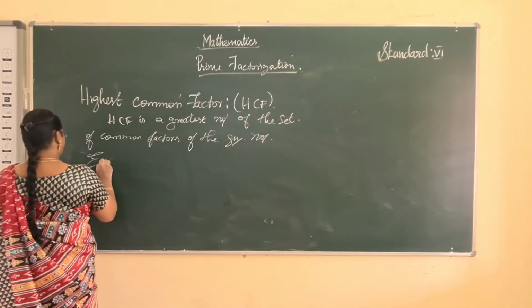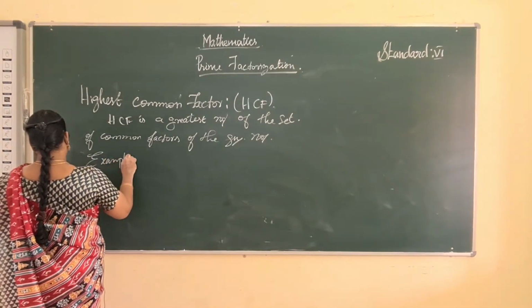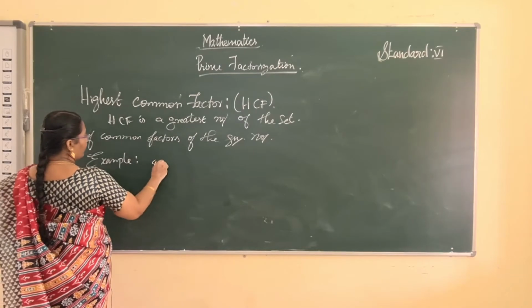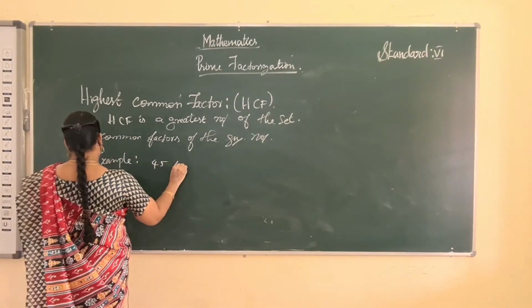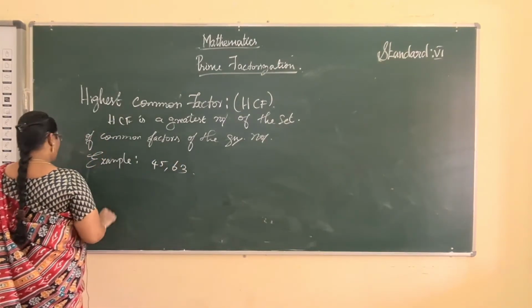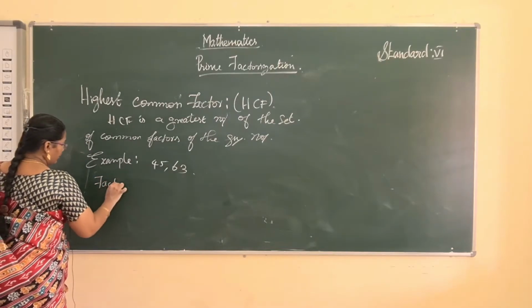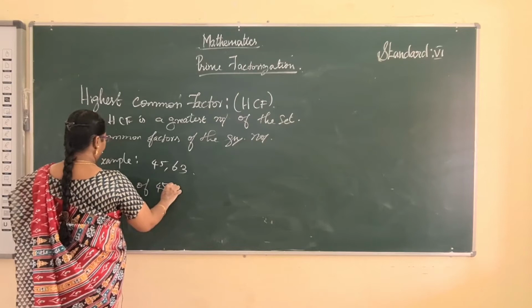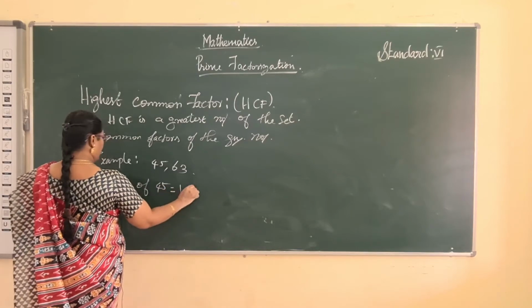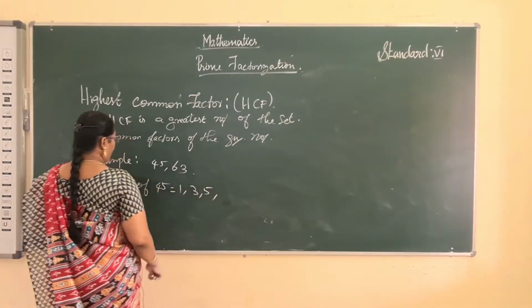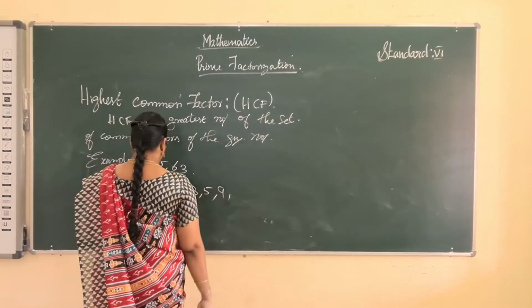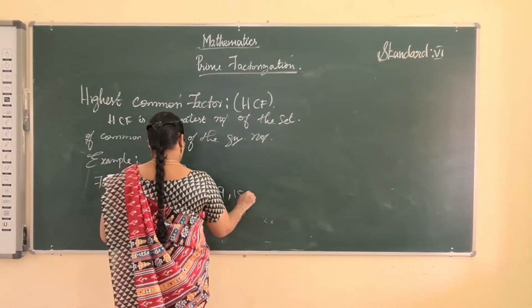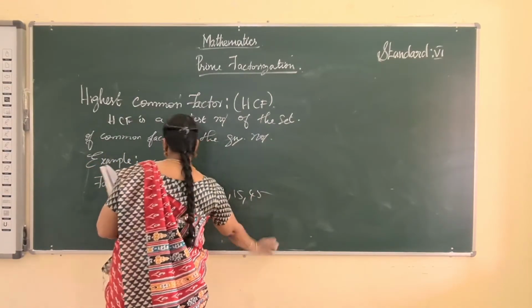Example, let us consider the numbers 45 and 63. What are the factors of 45? 1, 3, 5, 9, 15, and finally 45.